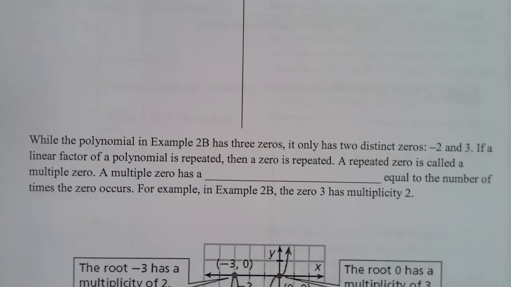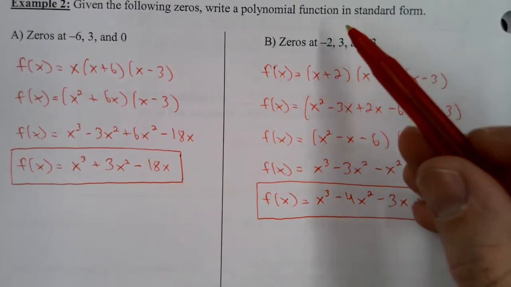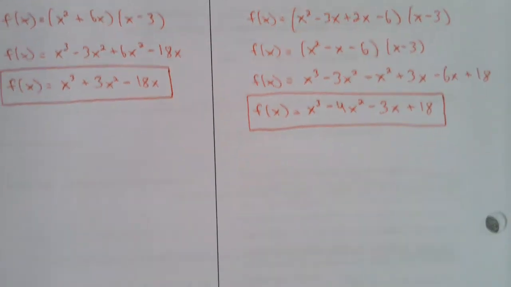All right. So before we get to this next major topic, we're going to be referring back to example 2b, because that's a good example. While the polynomial in example 2b has 3 zeros, look, 3 zeros: 1, 2, 3. It has 3 zeros.